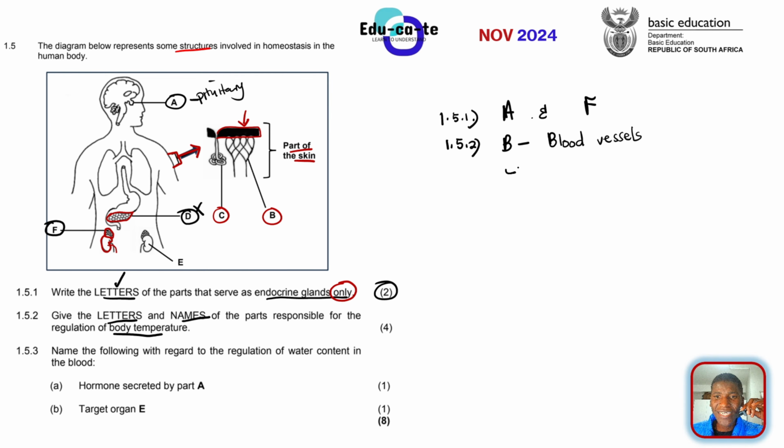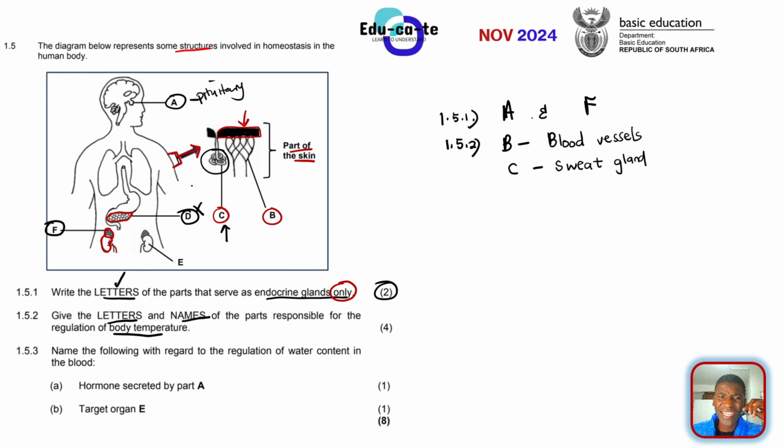And part C as well, it is also one of the parts that are responsible for regulating body temperature. Part C is the one that plays the most role, because part C is known as the sweat gland. The sweat gland is the one that releases sweat. The sweat gland, which is part C, the one that looks rolled like an intestine, secretes sweat.